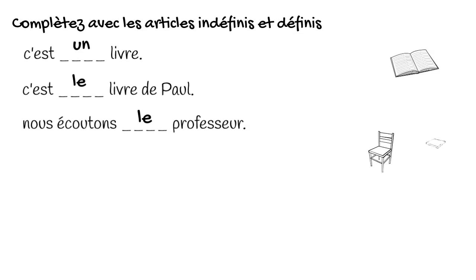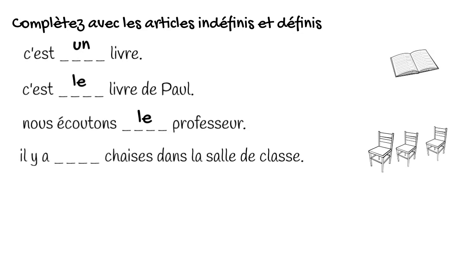Here we have 1, 2, 3 chairs. Let's see what the sentence is. Il y a dash chairs dans la salle de classe. So there are chairs in the classroom. Indefinite and plural. So il y a des chaises dans la salle de classe. There are chairs in the classroom. Now here we have two pens.